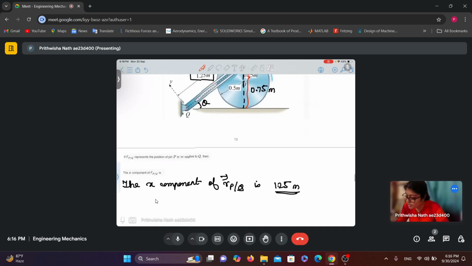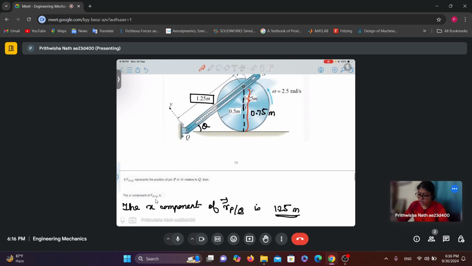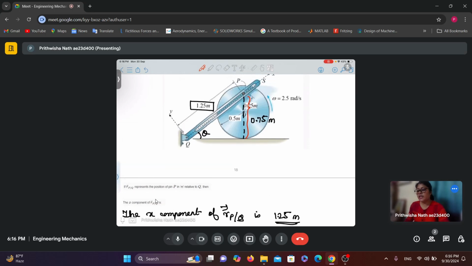Now they have mentioned that R PQ represents the position of pin P in meter relative to Q. So the x component of RPQ. This distance PQ is along the direction x, right? So the x component is nothing but 1.25 meter.